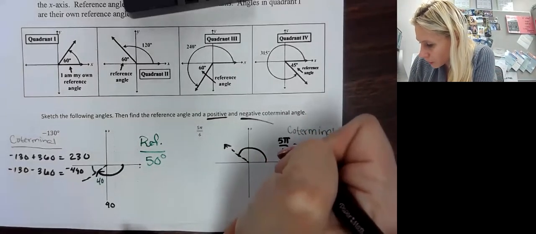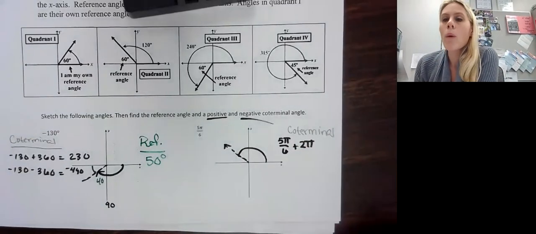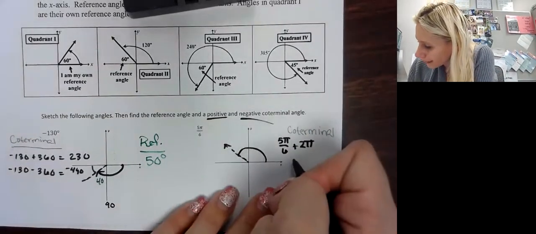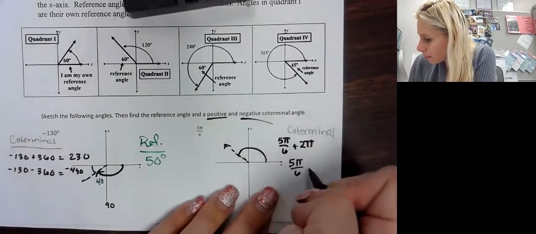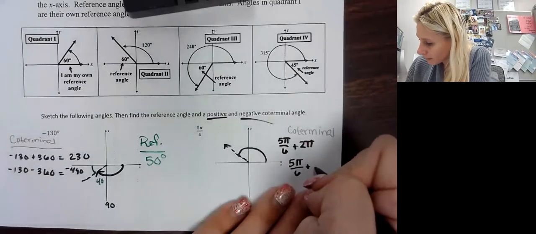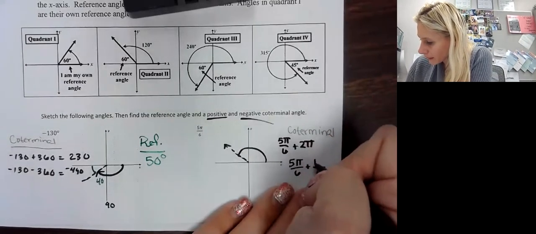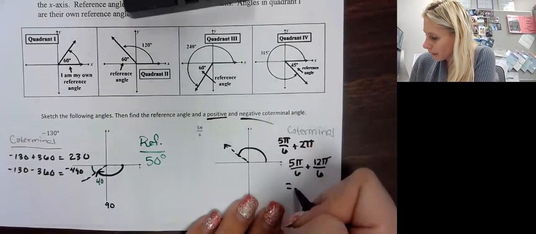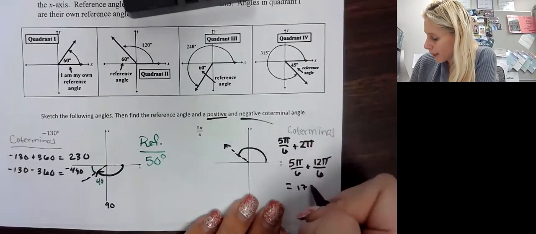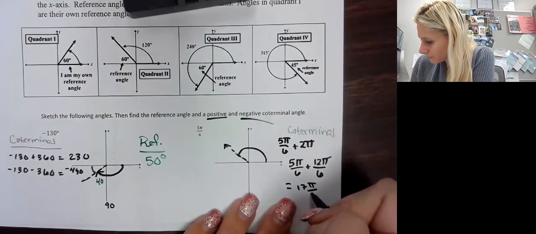Now we're going to add 2 pi to it. Now here's the tricky part, guys. We're adding fractions, which means I'm saying 5 pi over 6 plus, if I needed to get this over 6, I would have to multiply that by 6, which would be 12 pi, equaling 17 pi over 6.